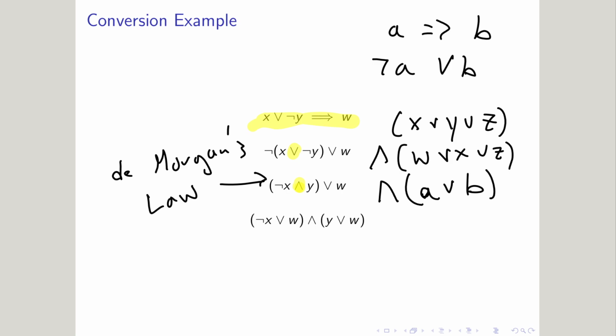So we want it in this form, and this is kind of awkward that we have this sort of parentheses, this grouping here, which is centered around an and. We want it to be sort of centered around an or. You can just basically distribute the or. So you end up with X or W and Y or W. So now we're in full CNF.